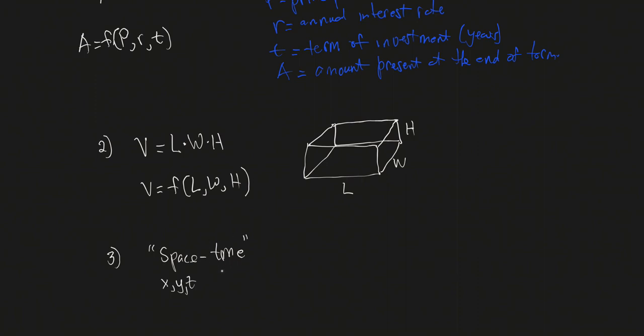When we talked about vector valued functions and motion, we used the variable t. So when you talk about space-time, you're talking about a function that depends on where you are in space and what your time or age is relative to some reference point. So there you go, a function of four variables.